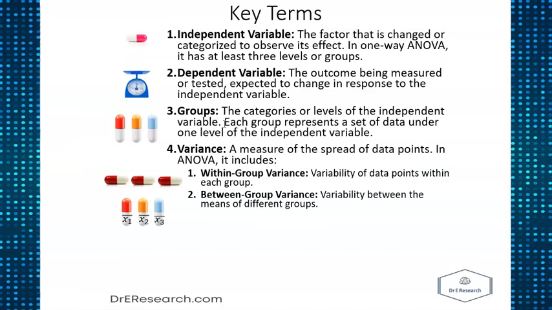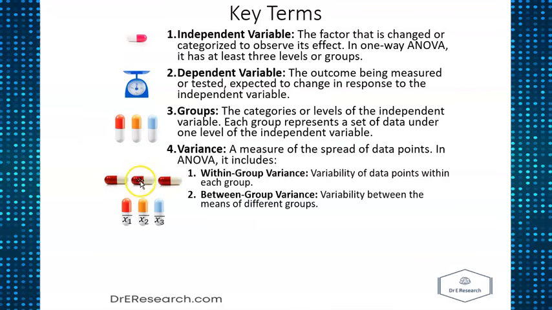Okay? Now, one of the key things about analysis of variance, the variance in there, is we're looking at the variability. One of the key things that we're trying to do is look at the spread of the data, the variance in the data, within groups versus across groups. Within group would be like those that all are getting the red pill.